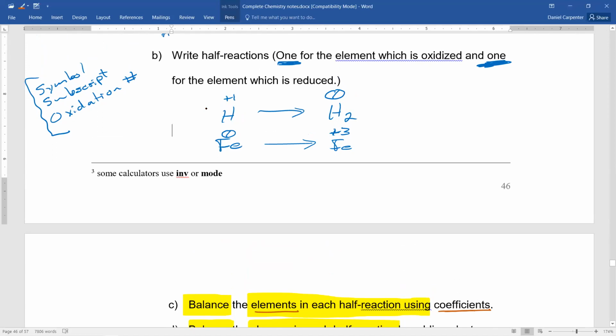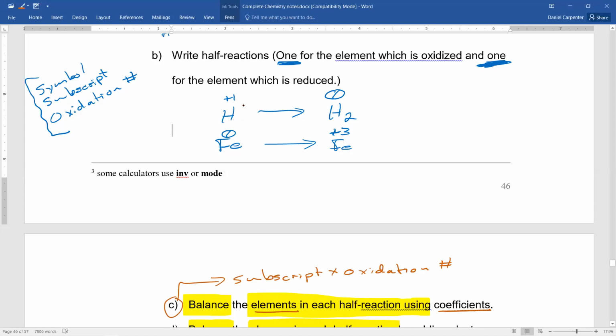On the left, by the way, we need to write down for this step. For this step, it is, where will I write this? Balance the elements. For this step, we need subscript times oxidation number, not hashtag.